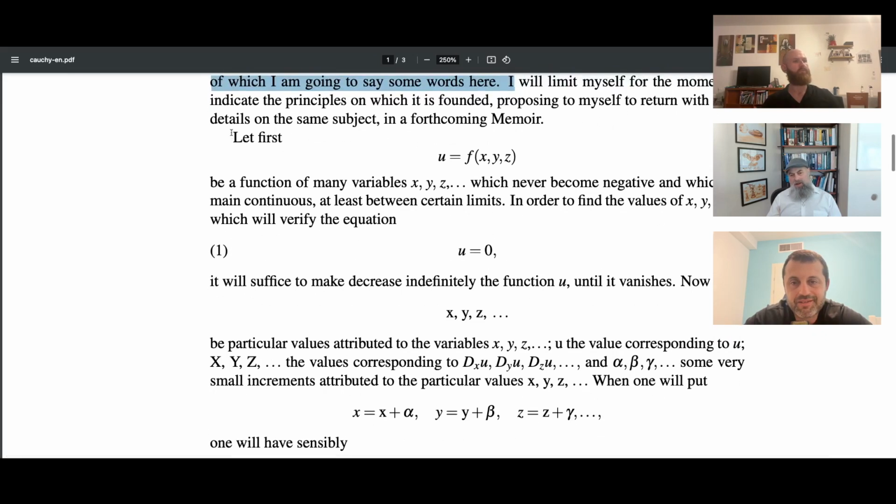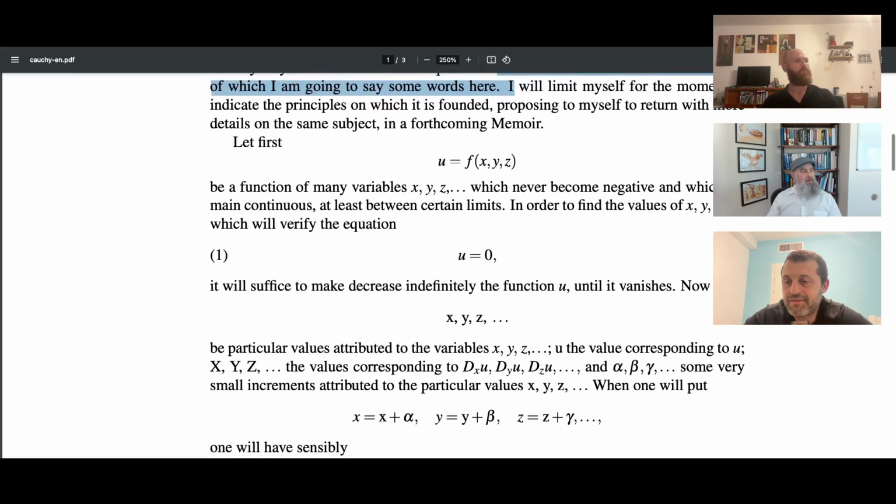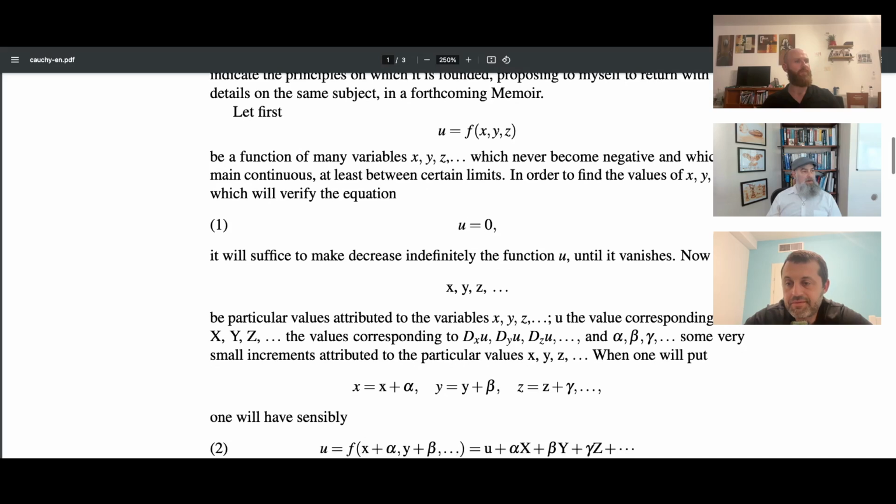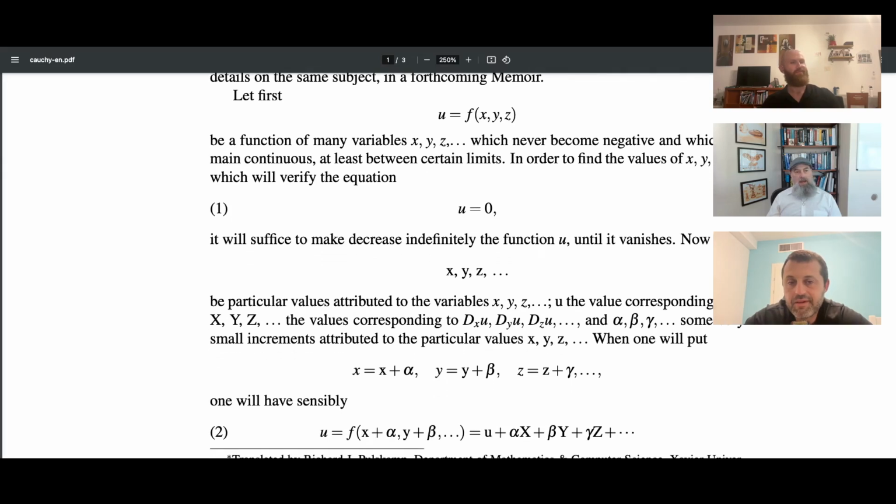Yeah, I read about this, that this forthcoming memoir was never found. Ah, so interesting. Cauchy has laid out the method here without any proofs or convergence analysis, and that's it. That's where he left it. Interesting. Why didn't he do it? Because he was super rigorous, at least in other domains. Yes.